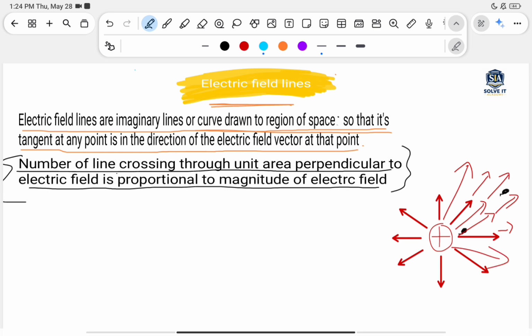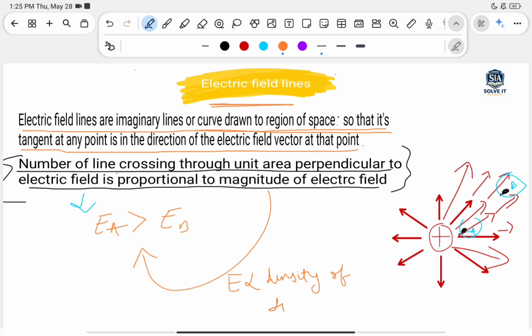If this point is A and this point is B, then at which point, A or B, is the electric field more? This statement gives me the answer. So for the electric field at A and the electric field at B, I have to insert a greater than or less than symbol. According to this statement, the electric field at A is greater than the electric field at B, because the electric field is directly proportional to the density of the field lines.